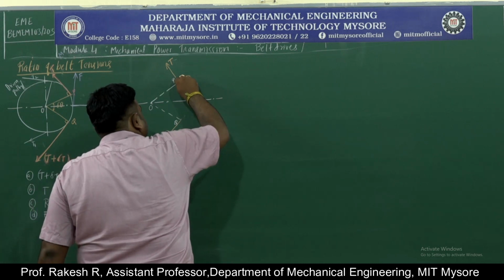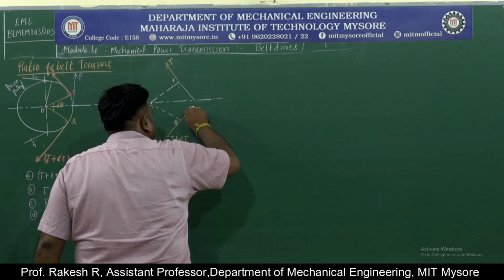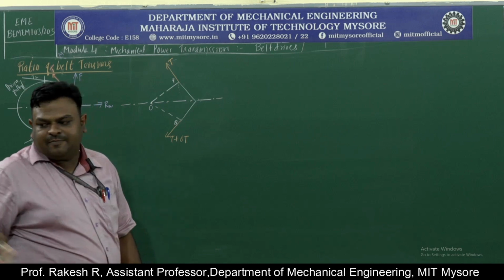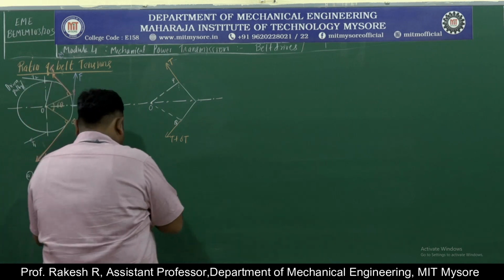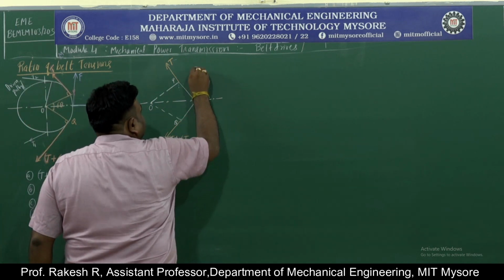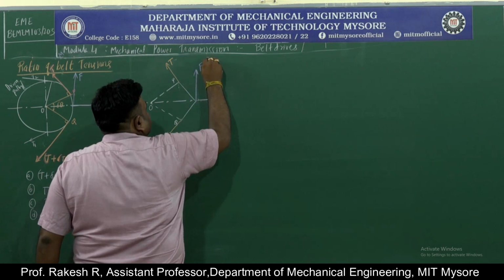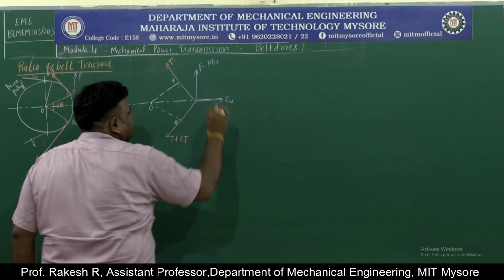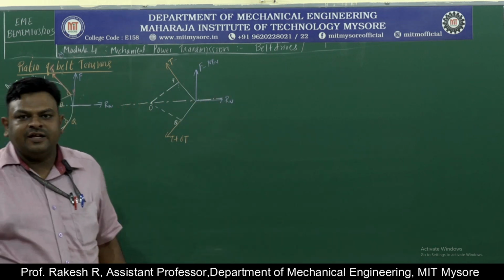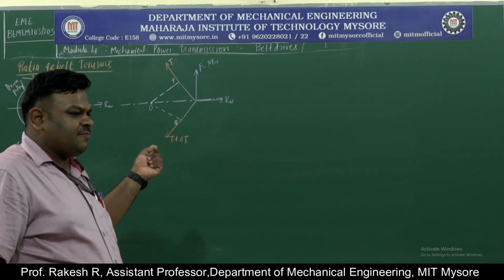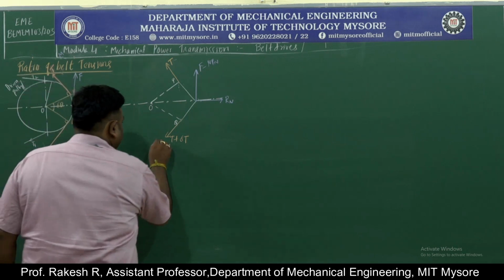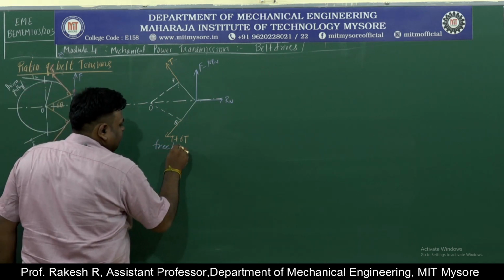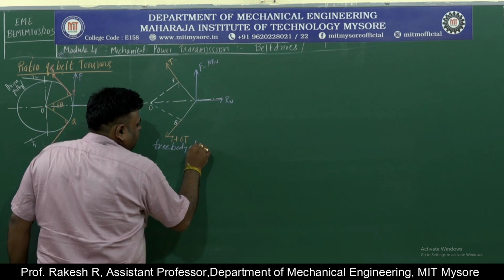I will join these two. These two will meet at some point. At that point, you will be having the frictional force, that is mu into Rn, then a normal reaction. This is the force representation using the free body diagram.